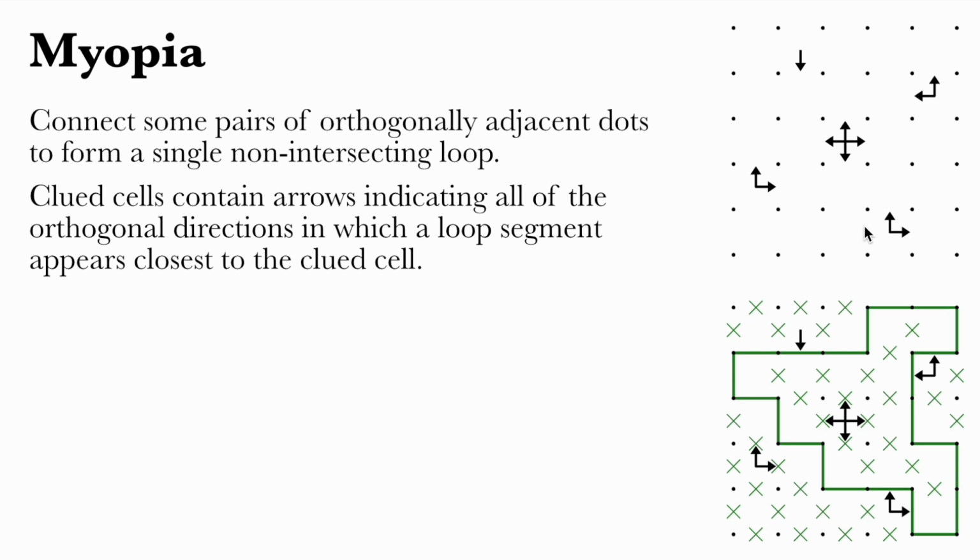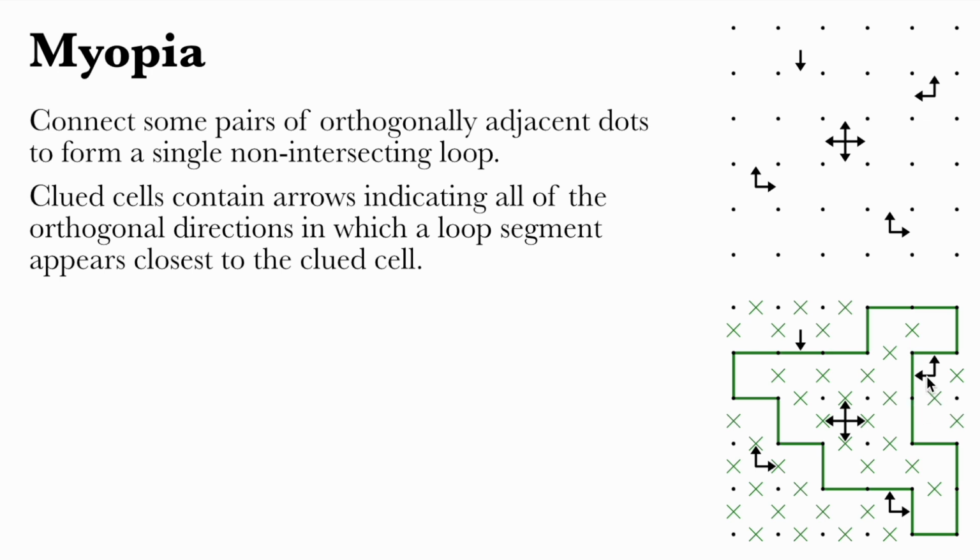Let's look at this clue here for another good example. This will cover the other cases. So this is going north and west. You can see that in the north direction it is immediately adjacent, and in the west direction it's immediately adjacent.